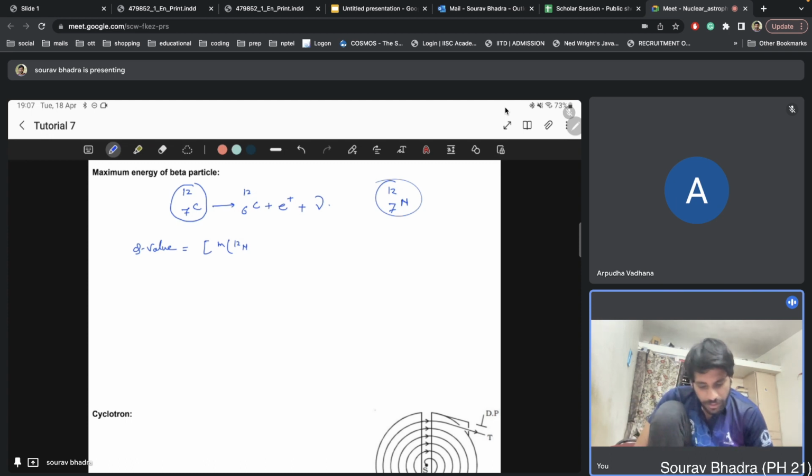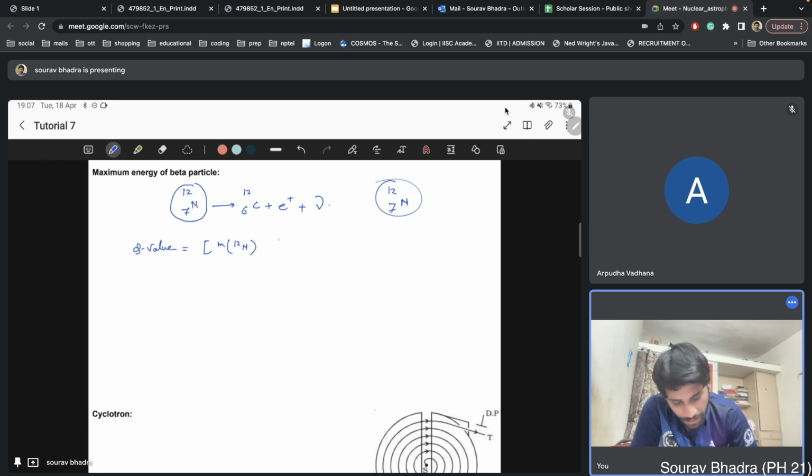Whatever, whether it was 7C12 or 7N12, the mass has been given. I think it was nitrogen, so that is my mistake. Minus mass of 12C minus 2Me.